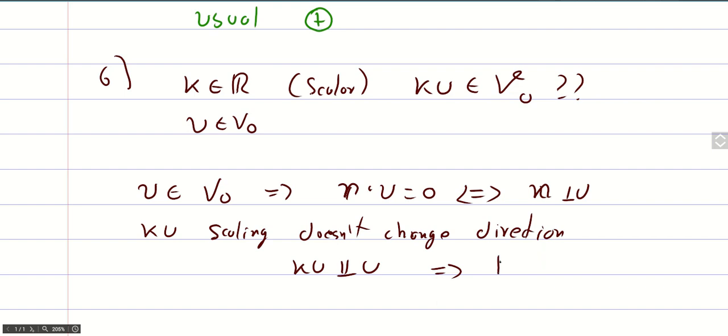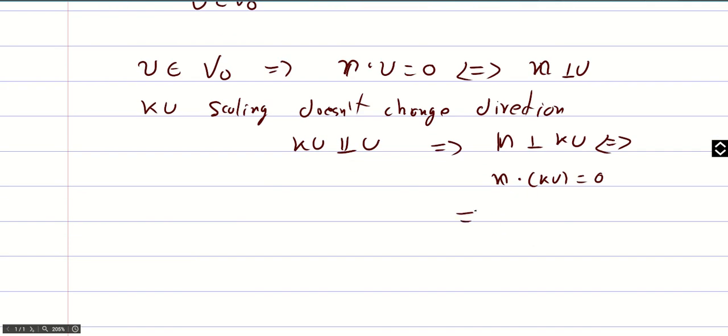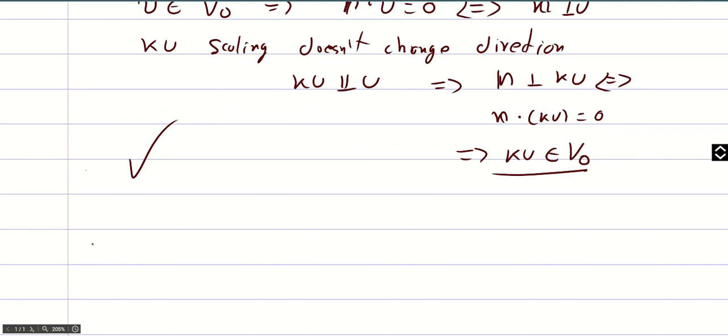That implies that n is orthogonal to ku, and therefore this is equivalent to say that n times ku is equal to 0. And this implies that ku is an element of V0, so it is closed under the multiplication.